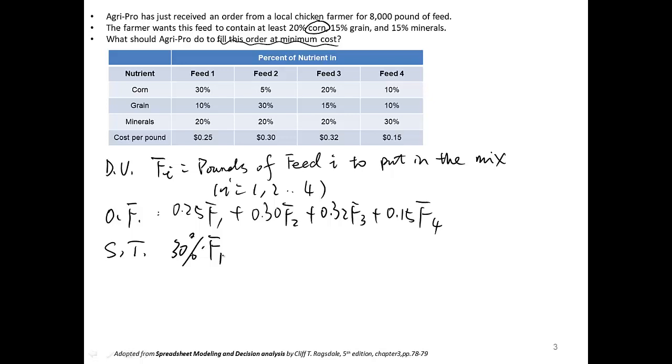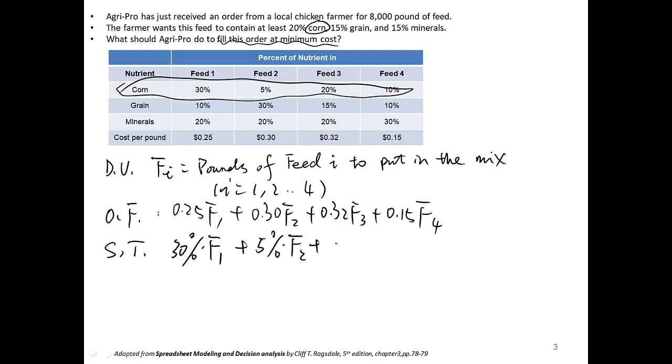So 30% of your F1 is corn. Plus, from feed 2, we're only looking at the corn now, so plus 5% of feed 2, plus 20% of feed 3, plus 10% of feed 4. So those are all the corn measured in pounds. It needs to be at least, so greater than or equal to 20%.